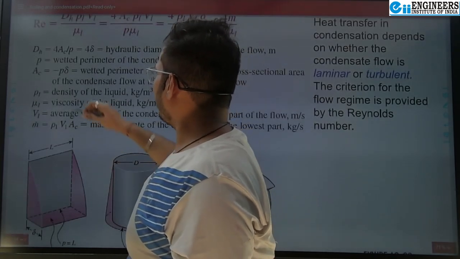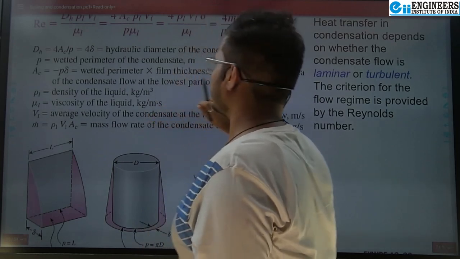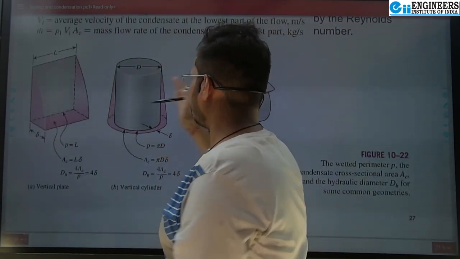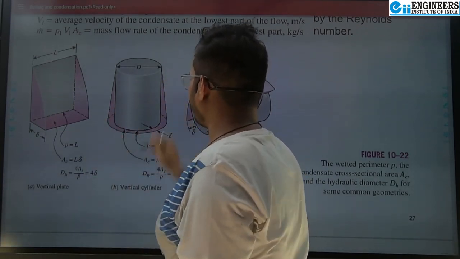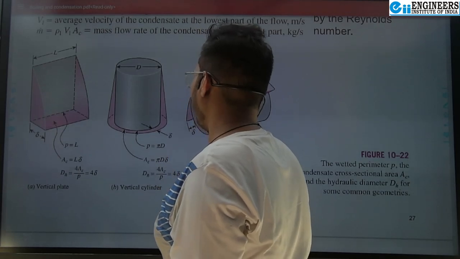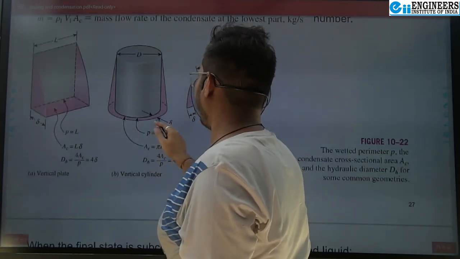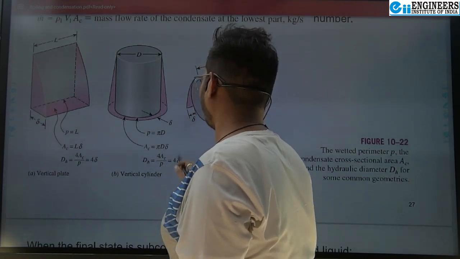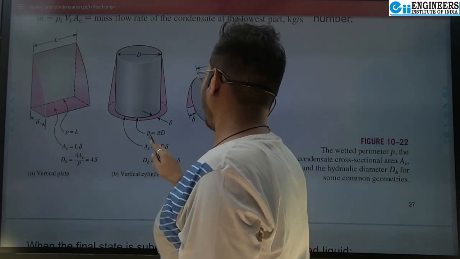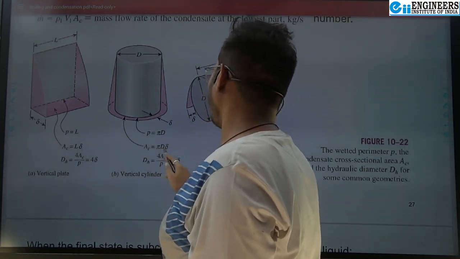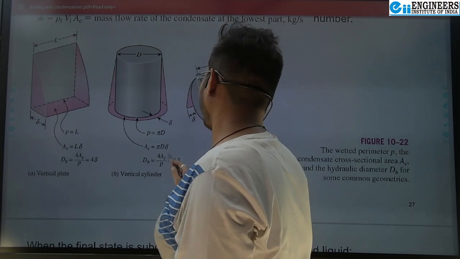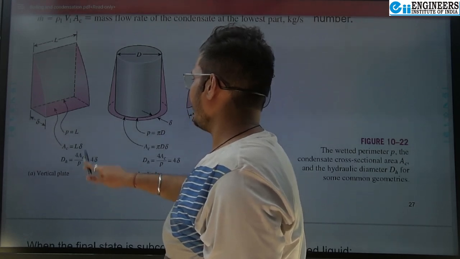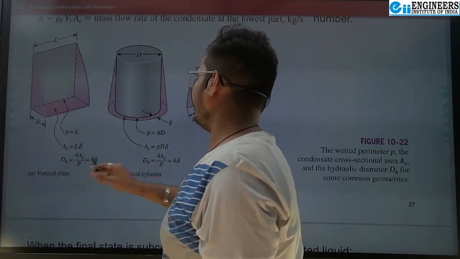Here P is the wetted perimeter of the condensate film. Similarly, if it is a cylinder of diameter D with a film forming across it, the perimeter P equals pi D and the area equals pi D into delta. Then 4A by P is pi D delta by pi D, pi D cancels, giving 4 delta. Similarly for the plate, D_H equals 4A by P, area is L delta, P is L, so 4 delta.